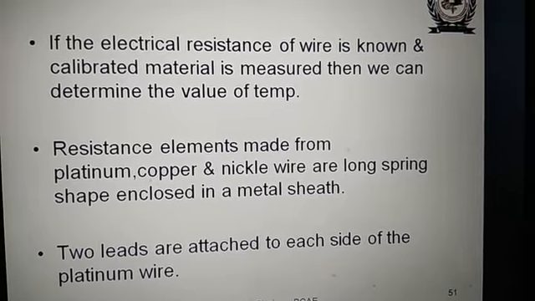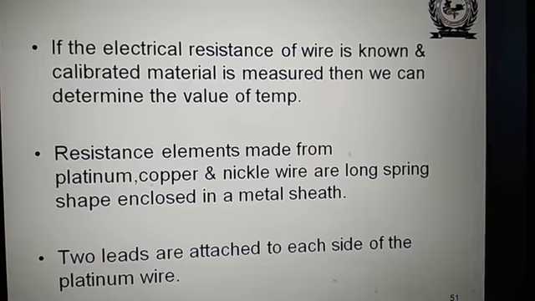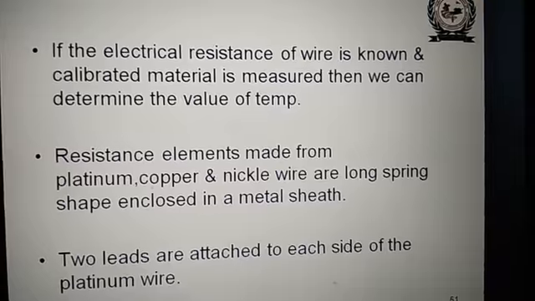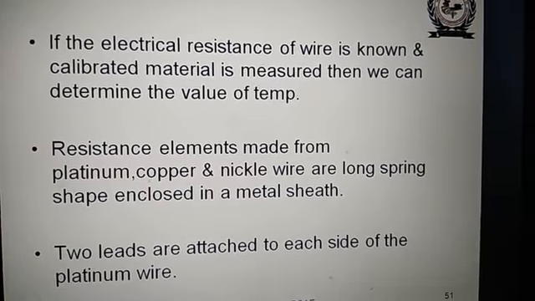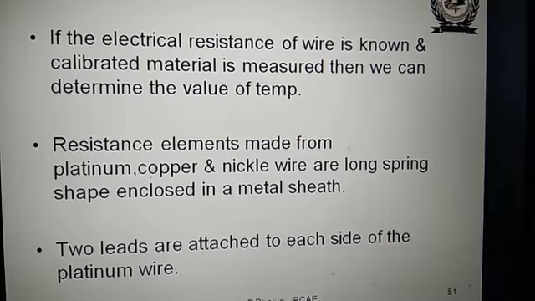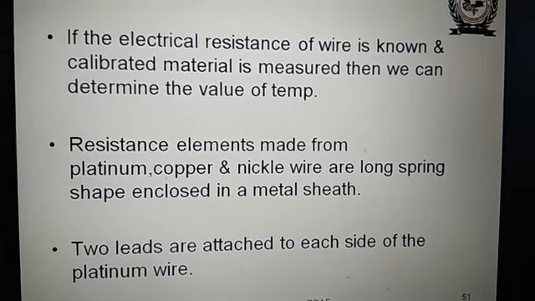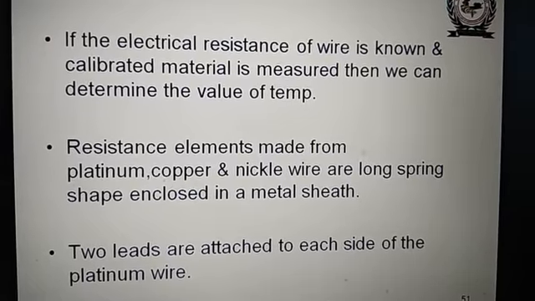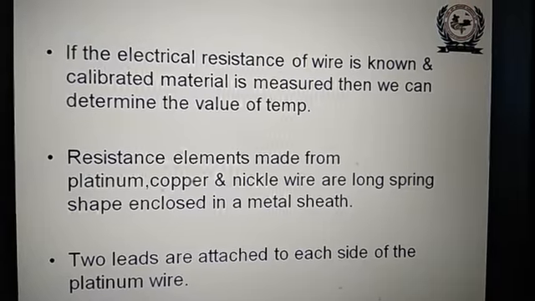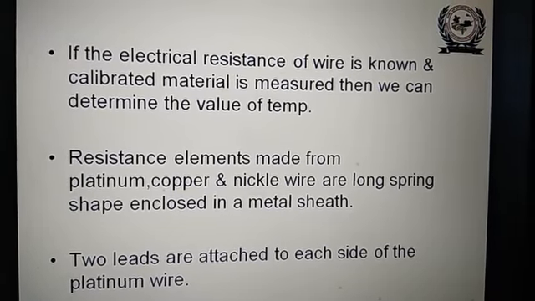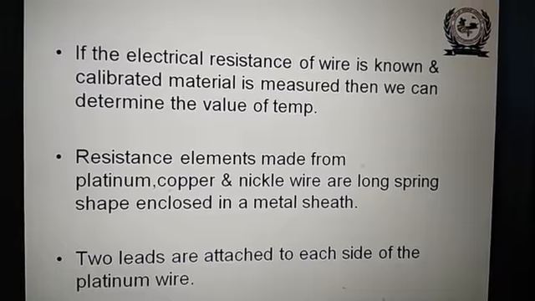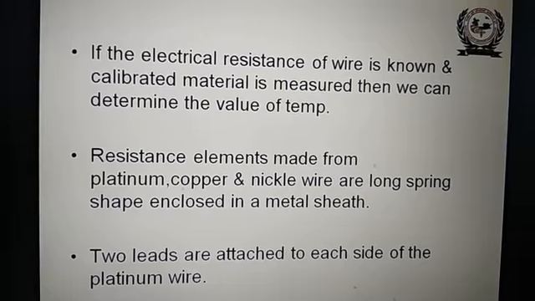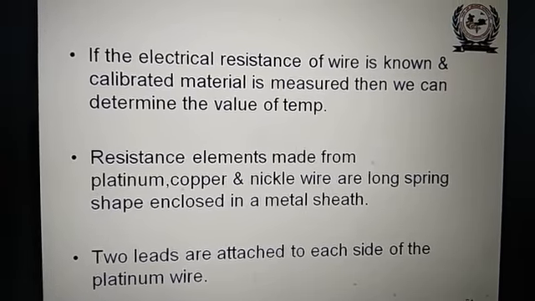If the electrical resistance of the wire is known and the calibrated material is measured, then we can determine the value of temperature. Resistance elements made from platinum, copper and nickel wire are long, spring shaped, enclosed in a metal sheath. Two leads are attached to each side of the platinum wire.